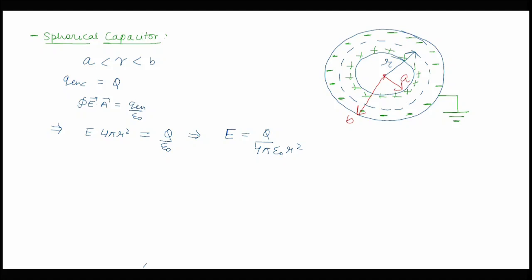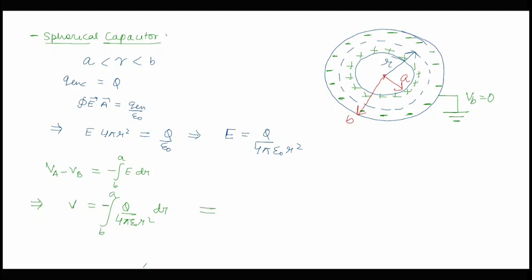So if we move on with the formula of potential, that is VA minus VB is equal to negative integral of E dot dr from A to B. So we can use it in this way: since we are earthing the surface B, we say that VB is equal to 0, and I will write the potential V is equal to Q upon 4 pi epsilon naught r square dr, integrated from B to A with a negative sign.